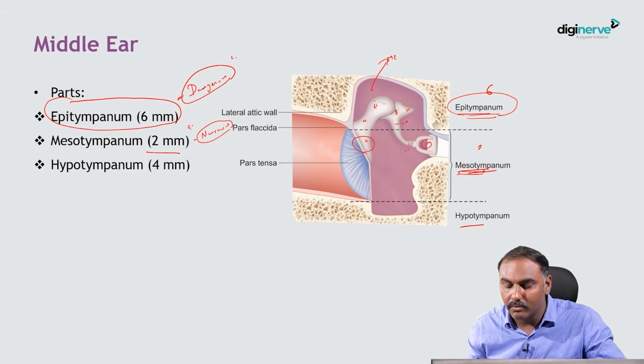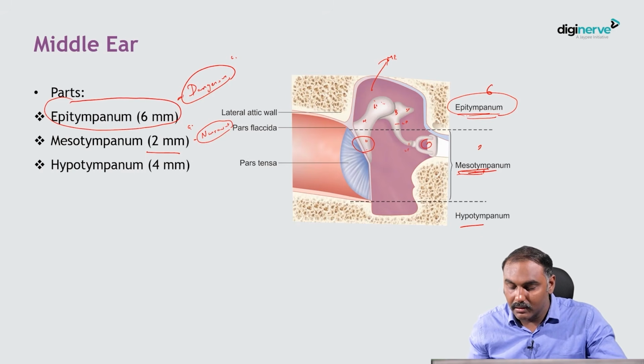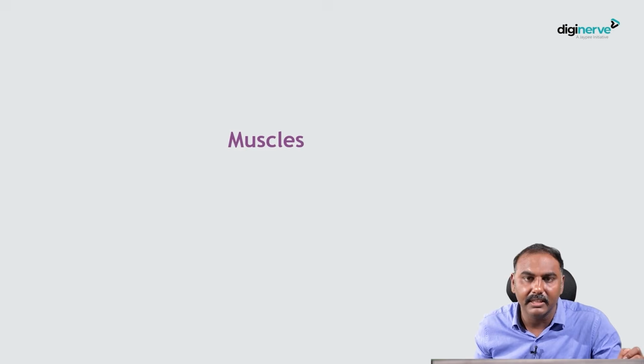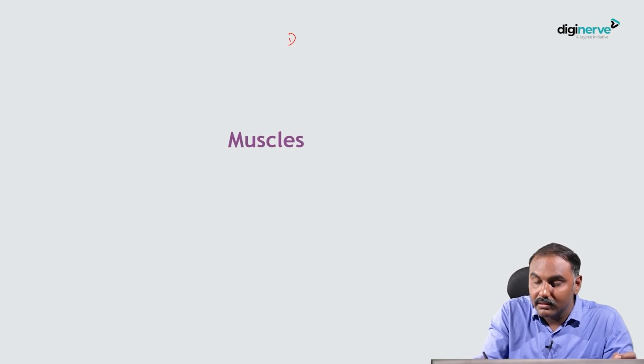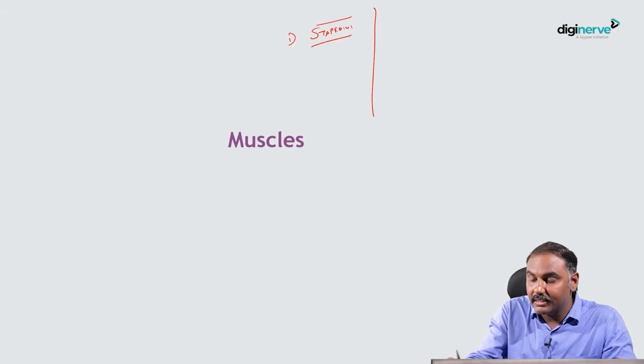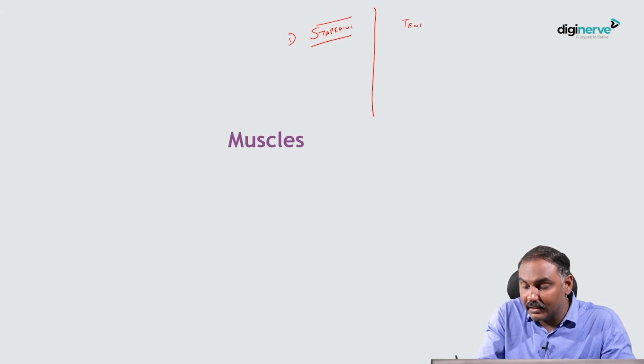Okay, and one more thing, the next one, the muscles. There are two muscles in the middle ear. One is the stapedius muscle. The other is the tensor tympani muscle.